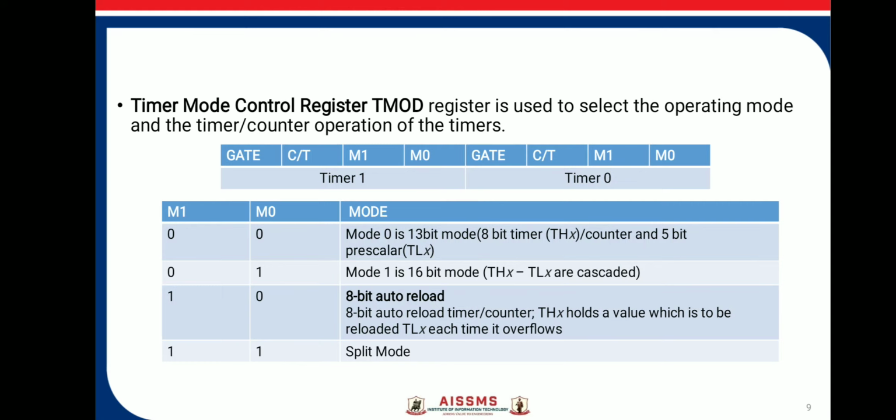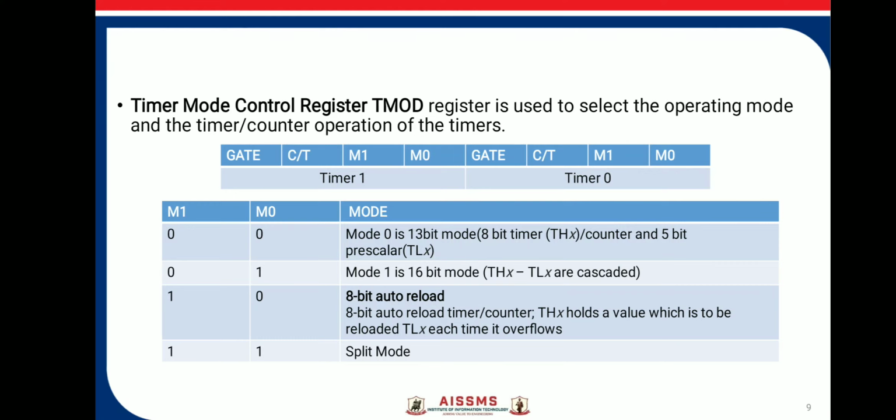The THX and TLX registers are cascaded. Mode 2 is an 8-bit auto reload mode. In the 8-bit auto reload timer counter, THX holds a value which is to be reloaded into TLX each time it overflows. When we use mode 3, it is a split mode.